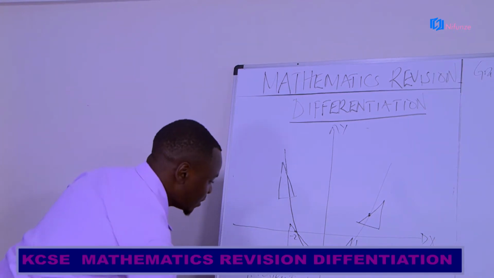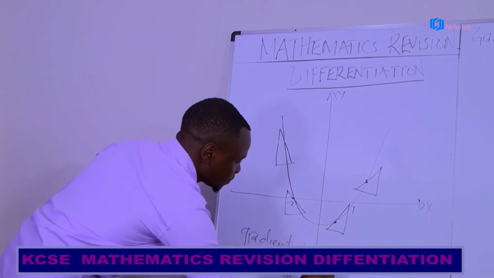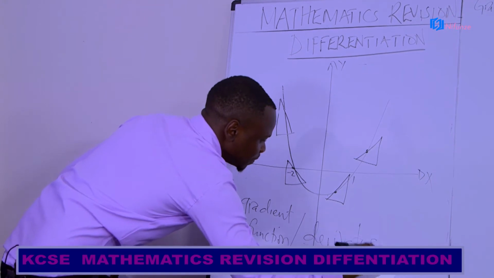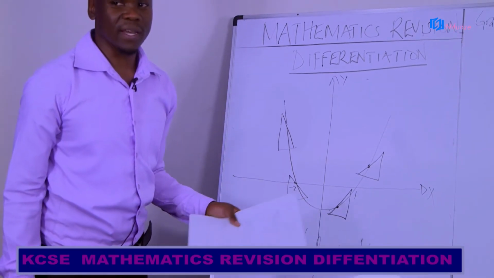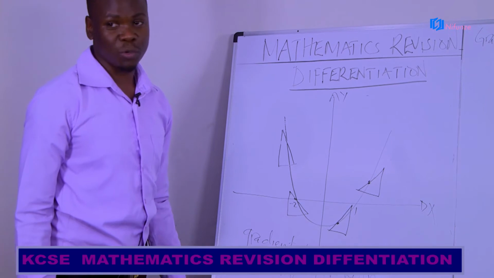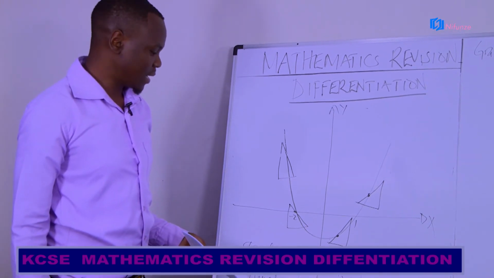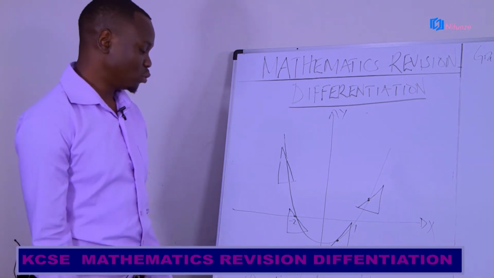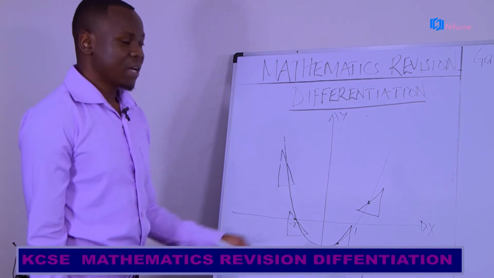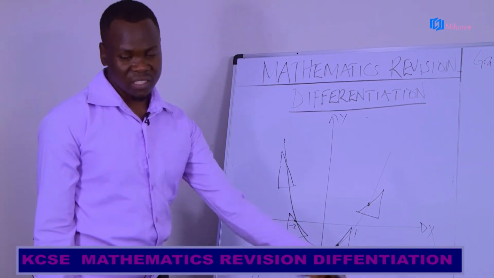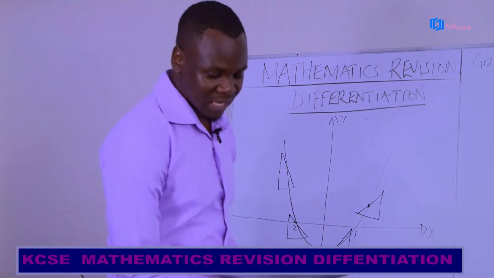We can call it the derivative. So if you are asked to find the derivative of an equation, it's the same as finding the gradient function. Or if you are told to differentiate, these terms are used interchangeably to find the gradient function.